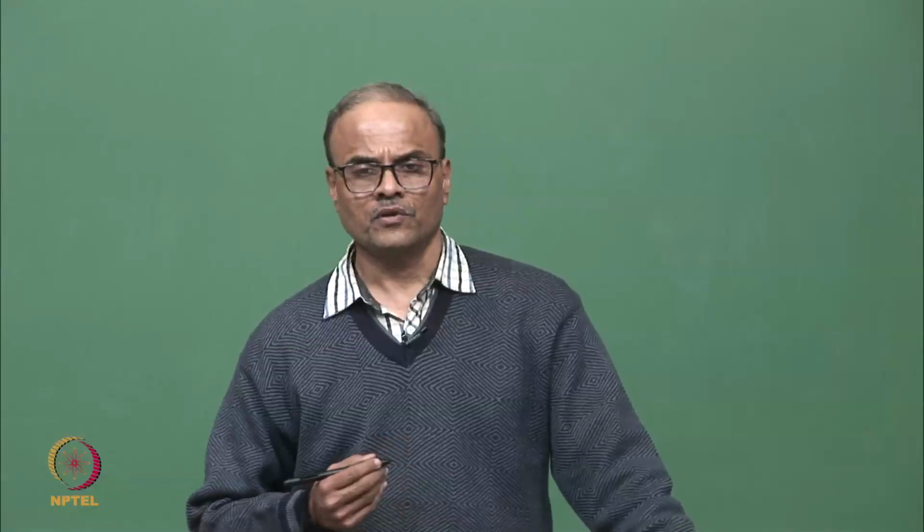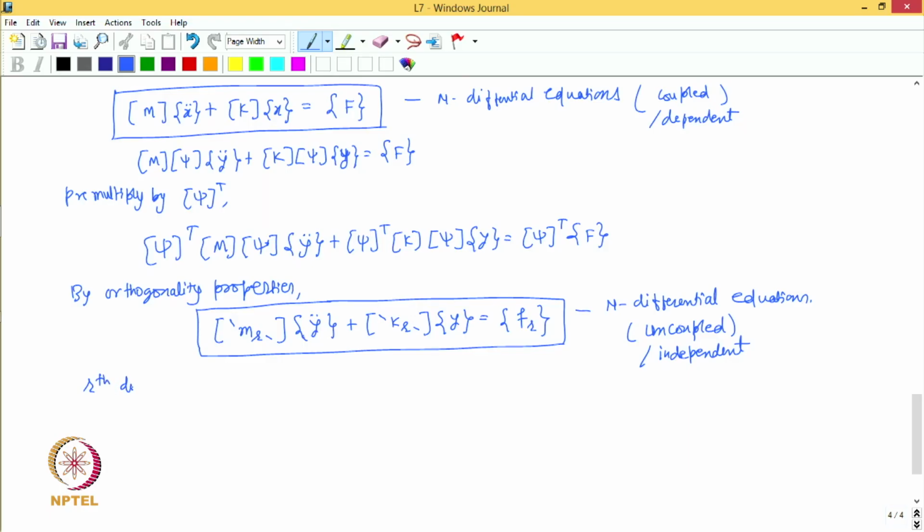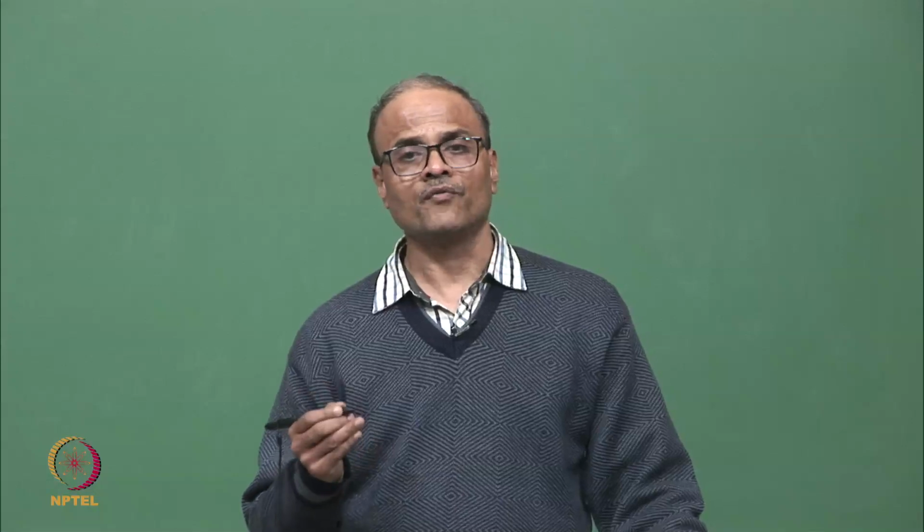So, if that is so, let us write one of these equations. If I look at say the rth differential equation, then I can write it as mr yr double dot plus kr into yr is equal to fr, right. This differential equation seems similar to the equation of motion for the forced vibration of a single degree of freedom system.